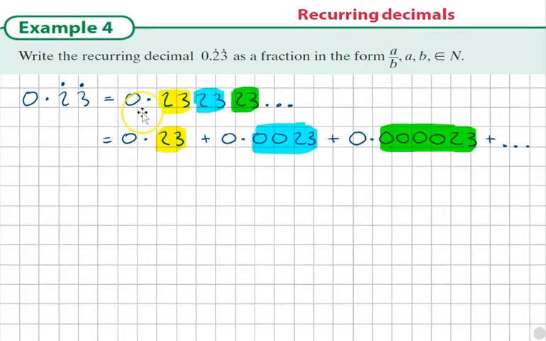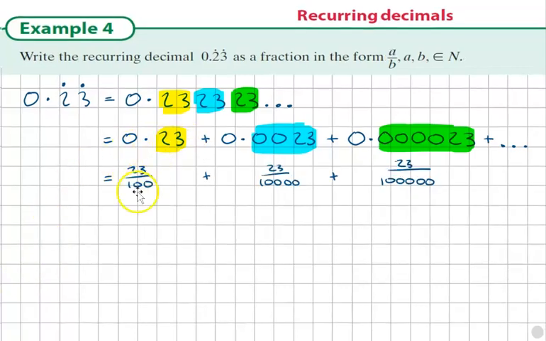So we can break it up into separate parts. I'm going to do it with decimals here. So we start off with 0.23. Then we add on 0.0023. Then we add on 0.000023. And then if we wanted to go again, we'd add on 0.00000023 and so on. So we're just breaking this up into separate parts.